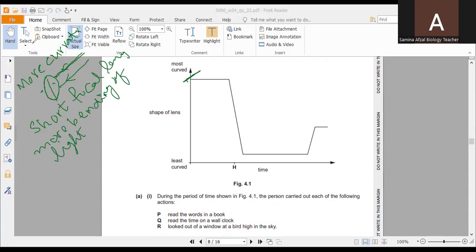It means the things focused by the eye are very close to the eye, as for example, reading the words. It means it can be the point P. Then the curvature is decreasing, and it reaches from very high curvature to the least curved.